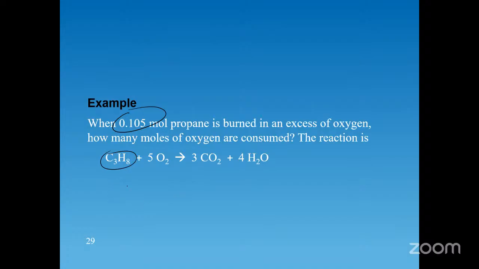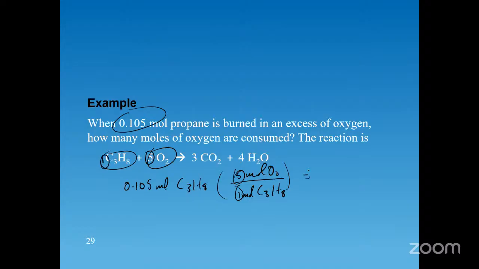So what I would do is start off with the 0.105 moles of C3H8, and then multiply that by the mole ratio between the propane and the oxygen, right? Because the question is asking for the moles of oxygen. Based on the balanced equation, for every 1 mole of propane, the moles of oxygen would be 5 moles, right? These numbers come from the coefficients 5 and 1 for the propane.